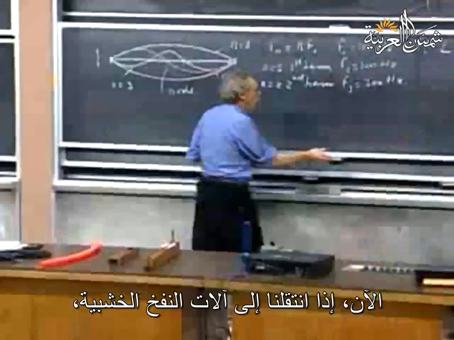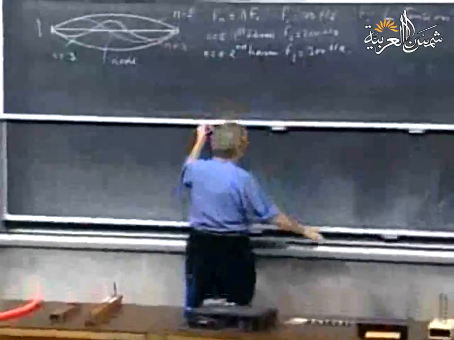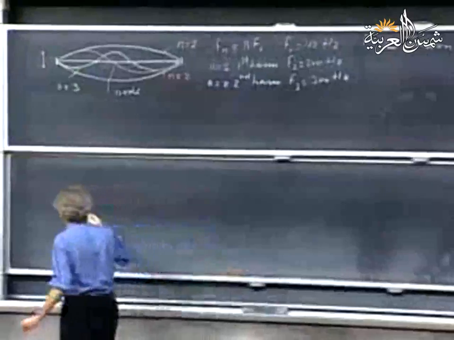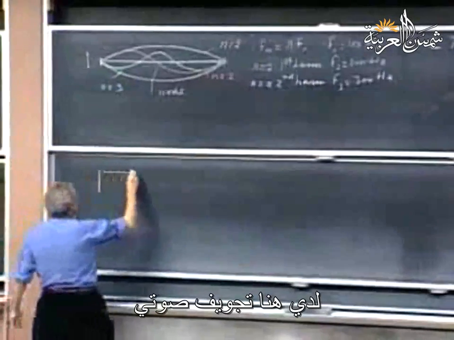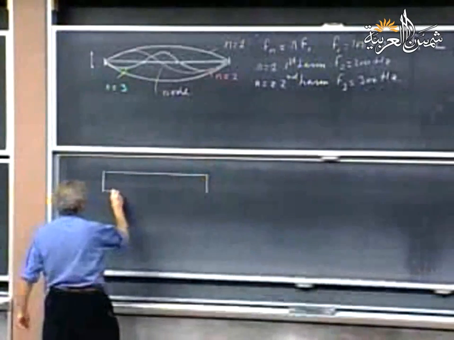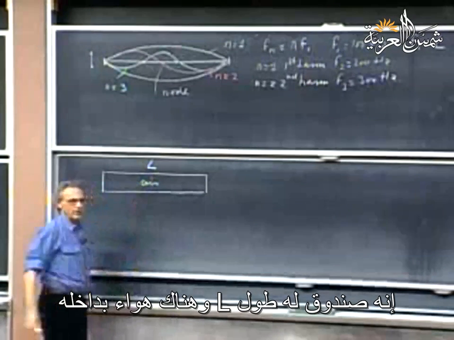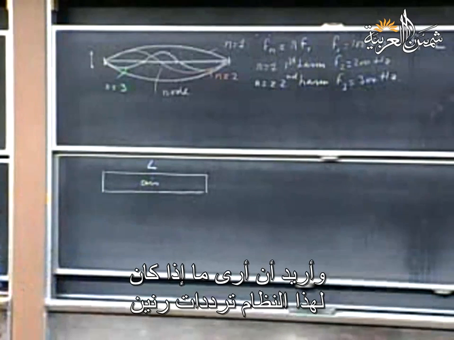Now, if you go to woodwind instruments, then the situation is quite different. I have here a sound cavity. It's a box which has length L, and there is air inside here. And I want to see whether this system has resonance frequencies.